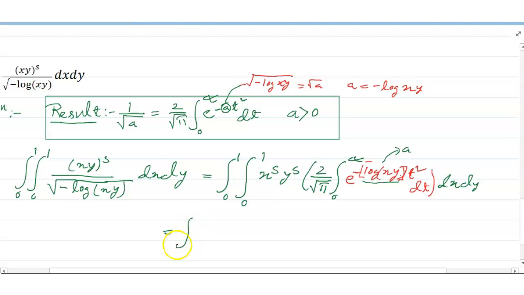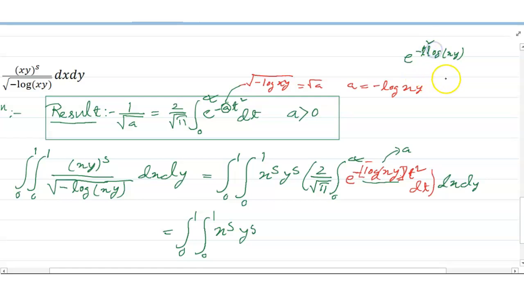So now the next step: 0 to 1, 0 to 1, x to the power s, y to the power s, and e to the power log xy into t square.